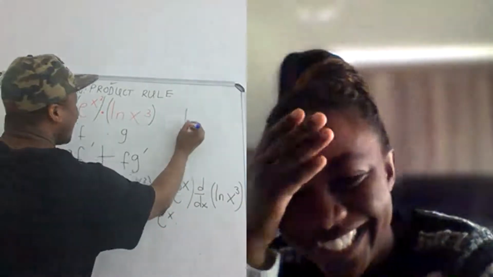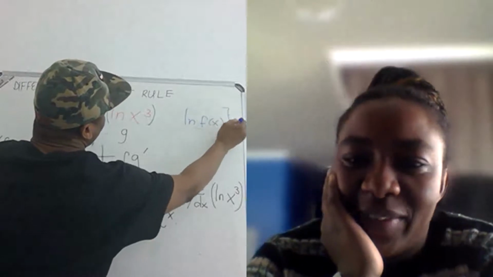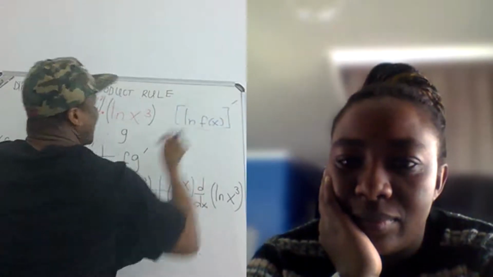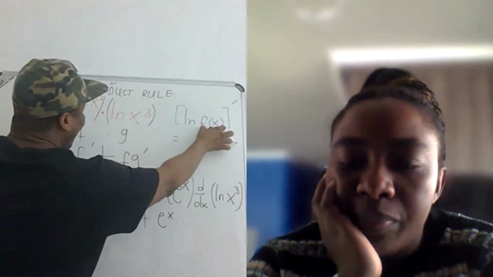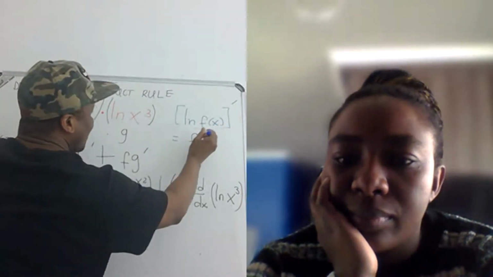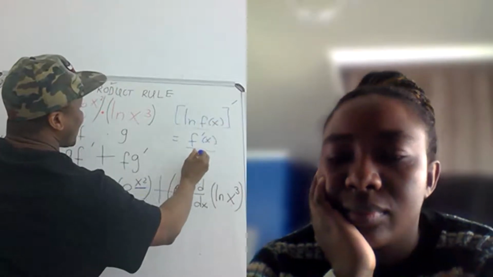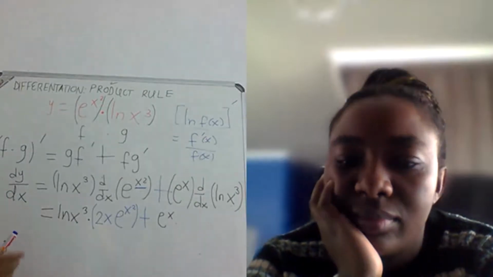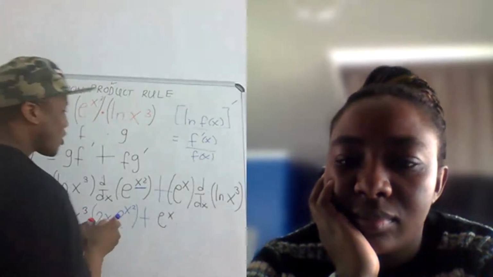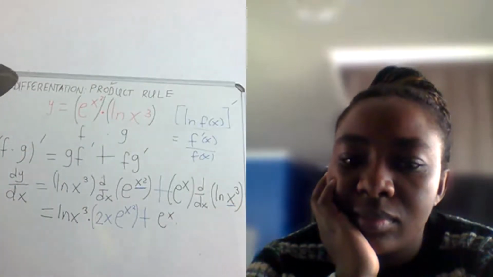When you have a ln of a function, and then we want to differentiate, we take all of the function, differentiate it, which is going to be f dash, and then over exactly the function that you have. So for that being said, I'm going to look at my function right here, and then we're going to have to differentiate that one.